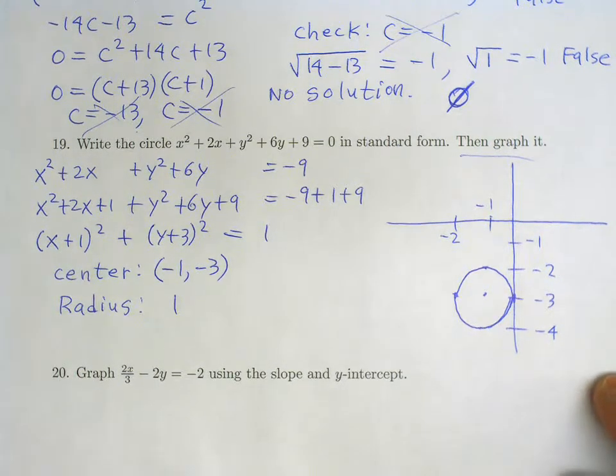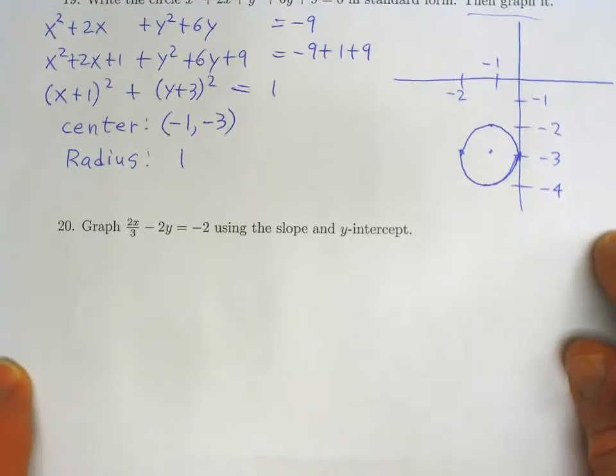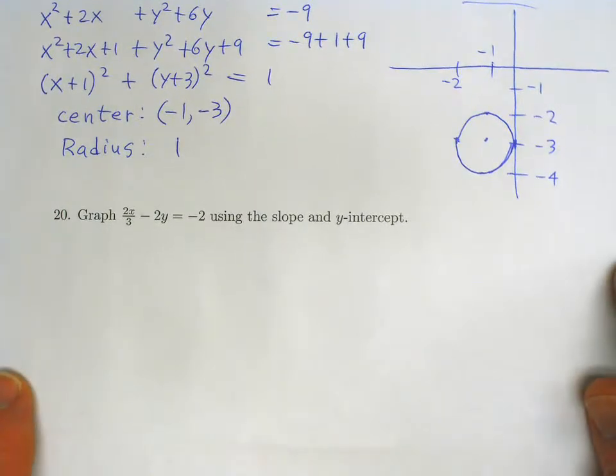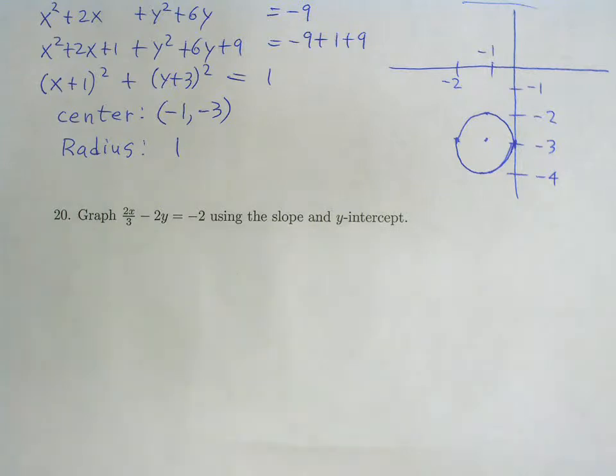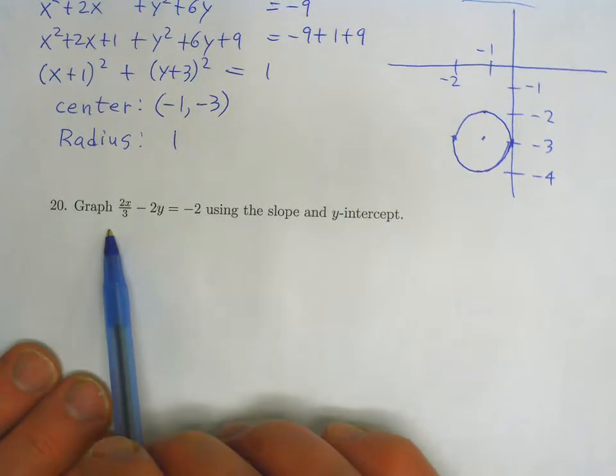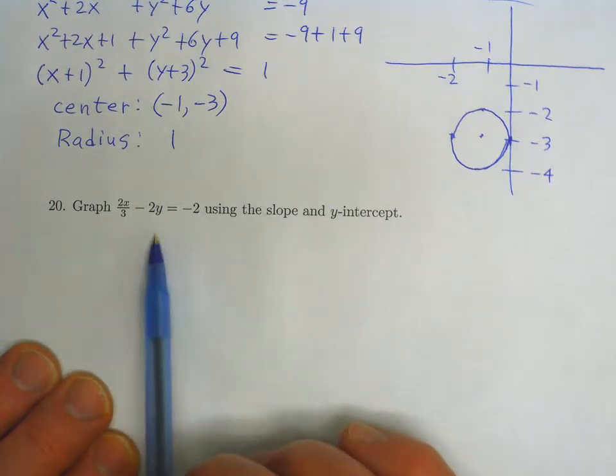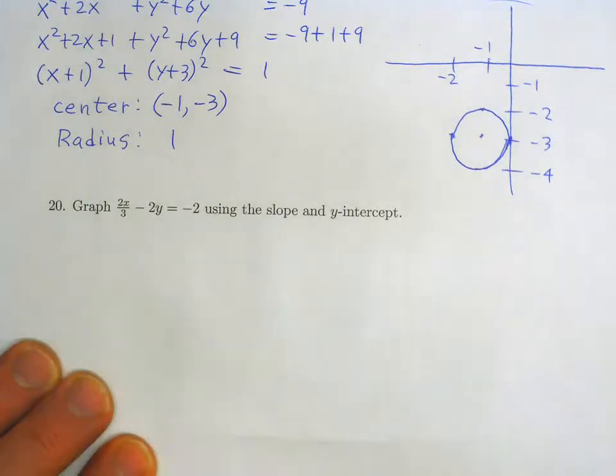Okay, number 20. Graph 2x divided by 3 minus 2y equals negative 2 using the slope and y-intercept. Okay, this is a linear equation in 2 variables, x and y.